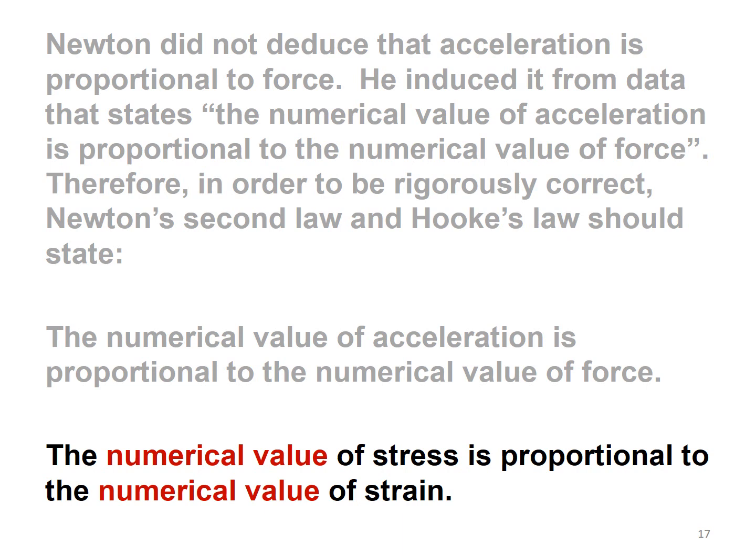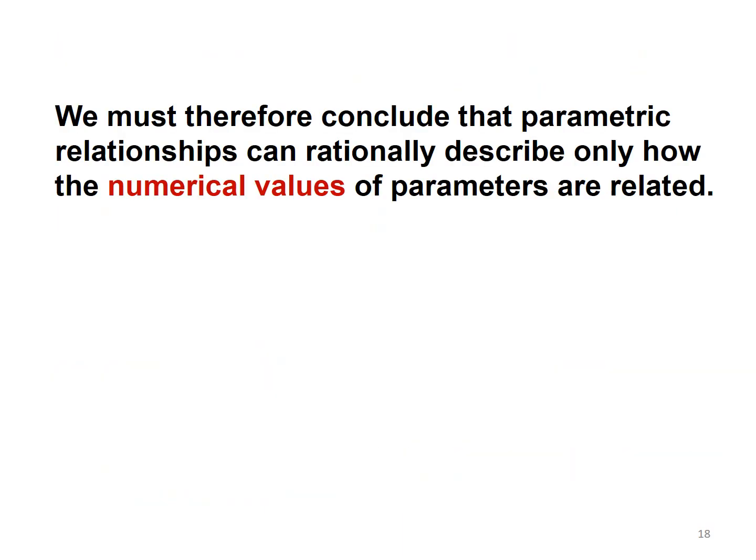The numerical value of stress is proportional to the numerical value of strain. We must therefore conclude that parametric relationships can rationally describe only how the numerical values of parameters are related.